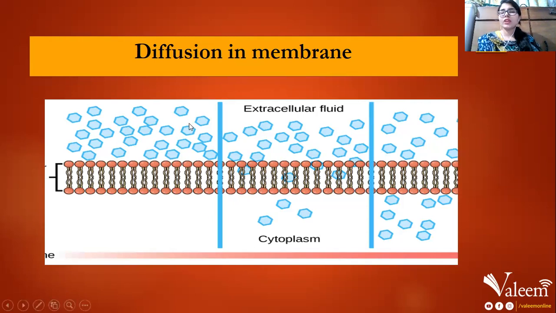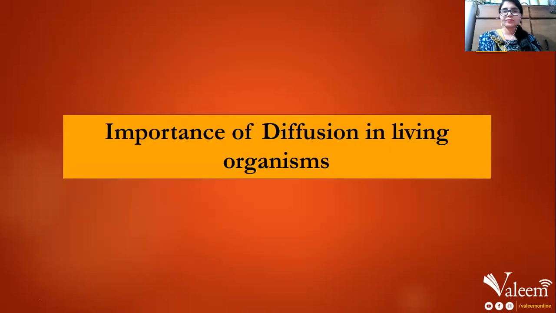Outside molecules, whether glucose, protein or any mineral, basically need a pathway to pass through the lipid bilayer, that is the plasma membrane. As we all know, this lipid bilayer is a selectively permeable membrane, so it allows a few substances to pass through it. And when molecules move from high concentration to low, it means diffusion has taken place.